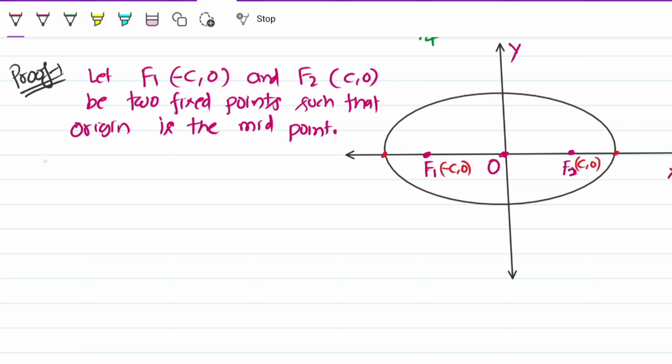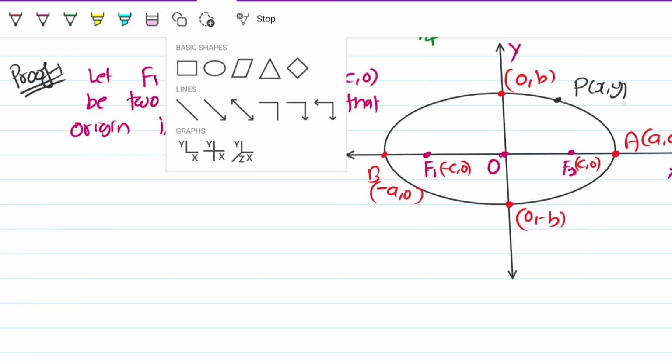Also these are the vertices of the ellipse: a comma 0, and here minus a comma 0, and these are the endpoints of the minor axis, here 0 comma b and 0 comma minus b. Now suppose on this ellipse there is any general point P, with coordinates x comma y.